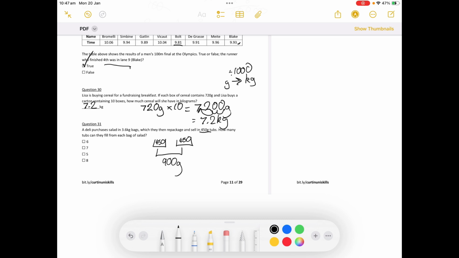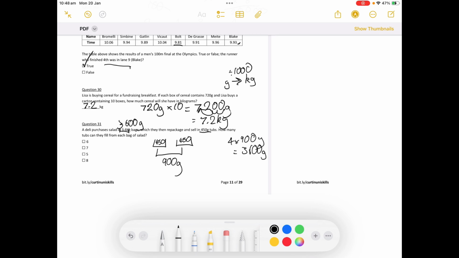Which is going to be an easier number for me to work with, because 900 grams, well, 9 times 4 is 36, and this is 3.6 kilograms. 3.6 kilograms is the same as 3,600 grams, okay? And I know that 4 times 900 gives me 3,600.